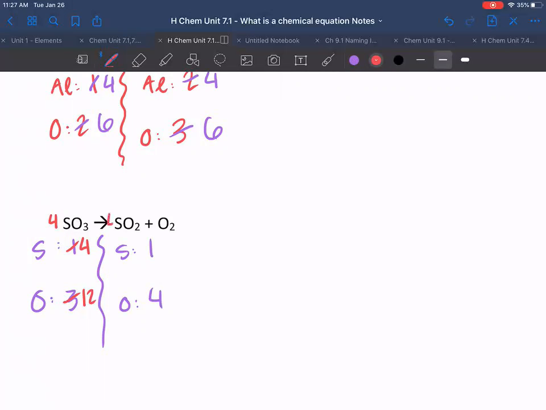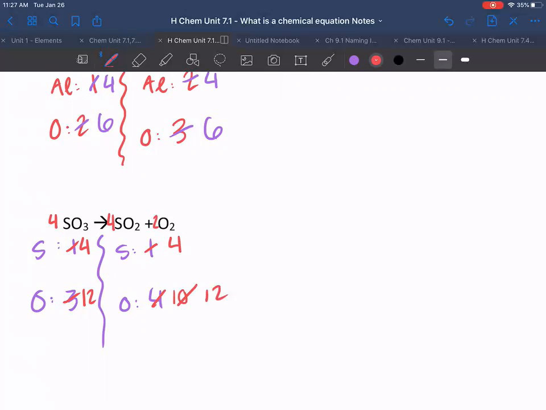So let's put a 4 in front of that. Then we have 4 sulfurs. Then we have 8 that come from SO2 plus 2. So right now we're at 10. So not quite there yet. So we're going to leave the sulfurs alone and just adjust with the O2 and put a 2 in front. This brings our total now to 12.